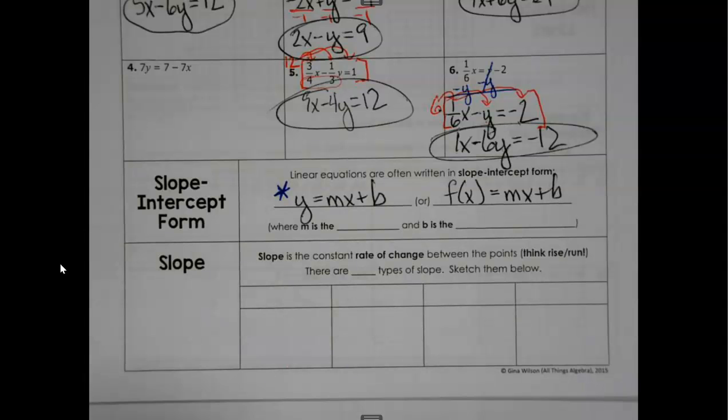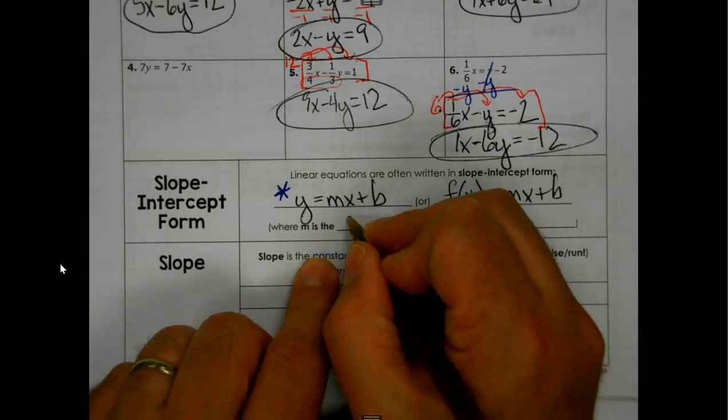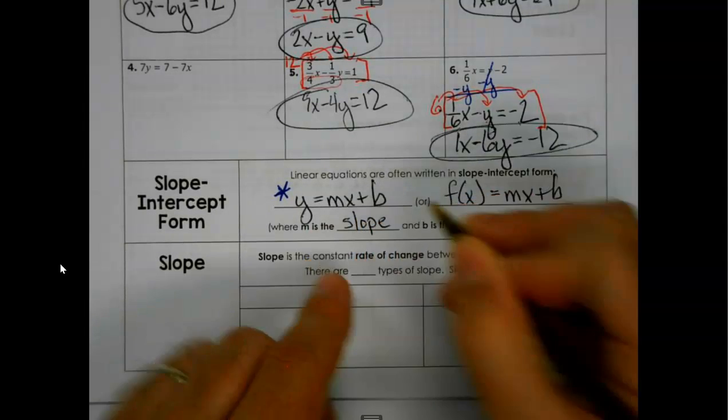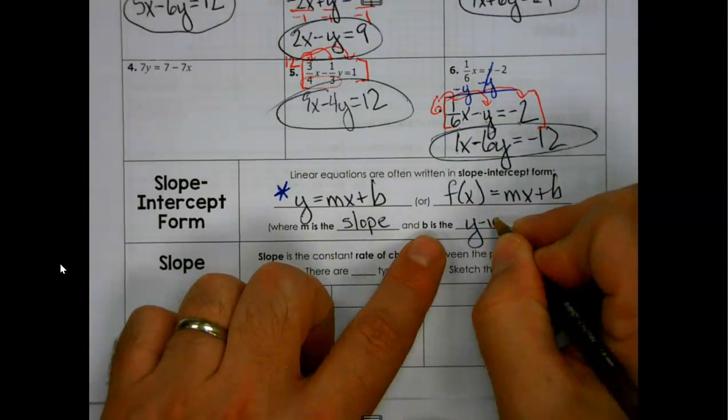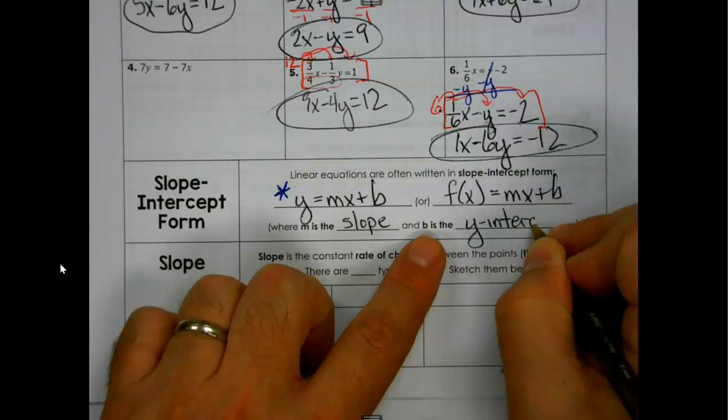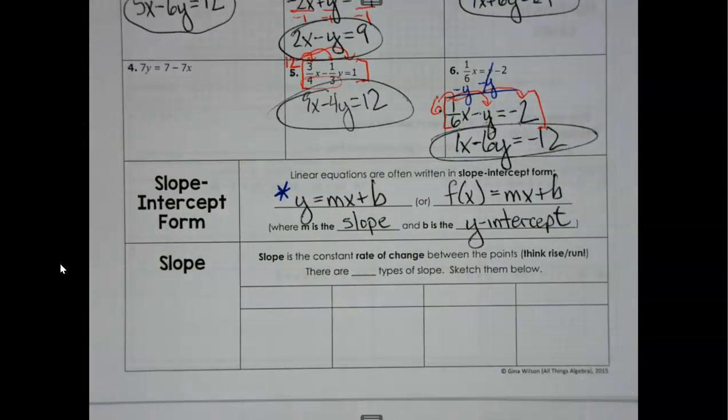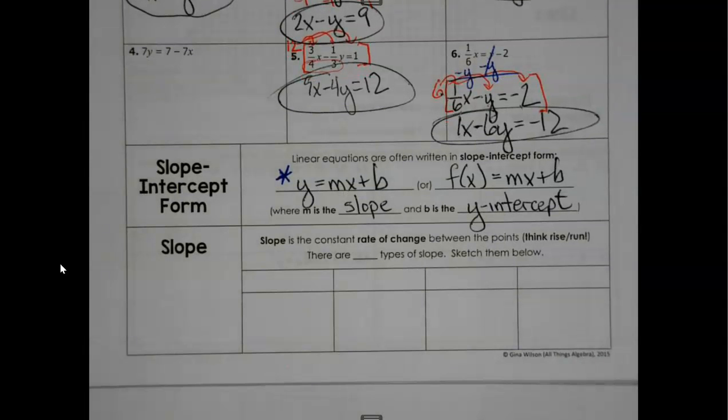And this is called slope-intercept form because the number in front of x is the slope, and the number on the end, this b, is the y-intercept. So pretty proper name here for what we're trying to do. And so the slope piece is what's called the rate of change between points. Okay, rise over run. We're going to put one other little note over here.